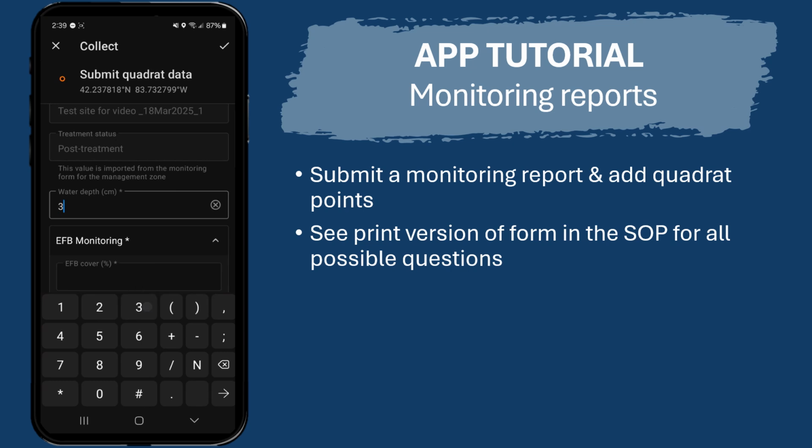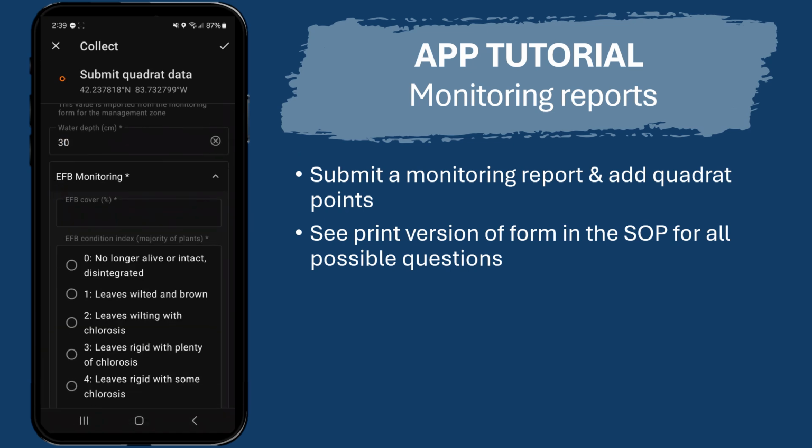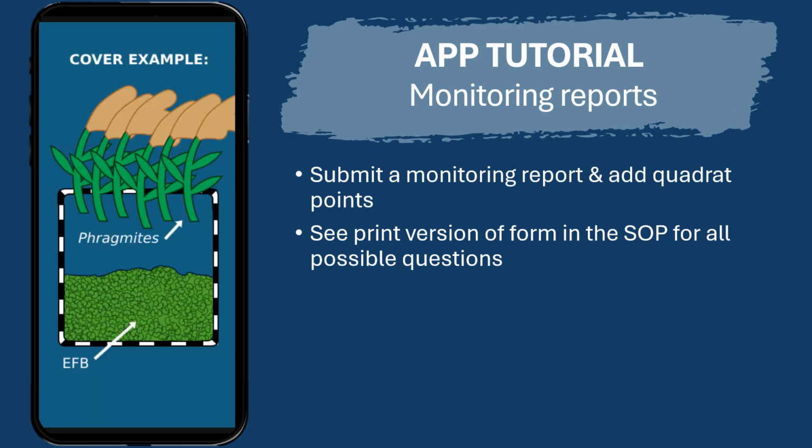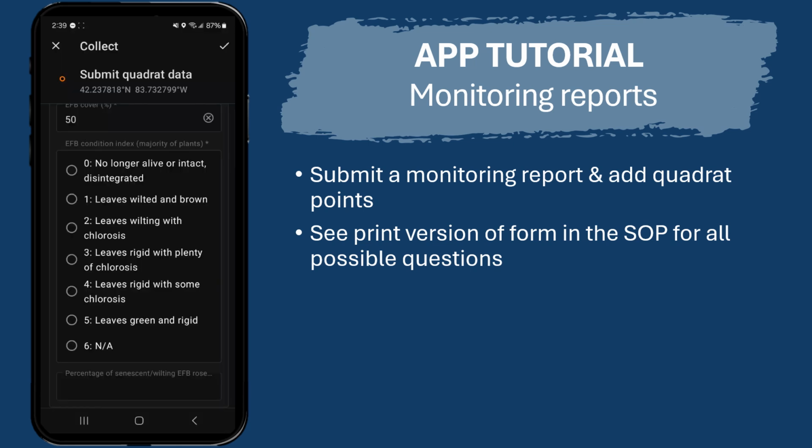We will measure the water depth; we'll just say that's 30 centimeters. Then we will lay down our 1 meter square quadrat and estimate the percent coverage of EFB. I'll just say that in this example, 50% of my quadrat was covered in EFB.